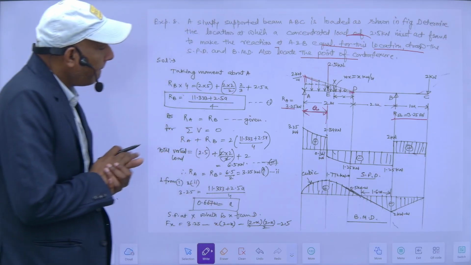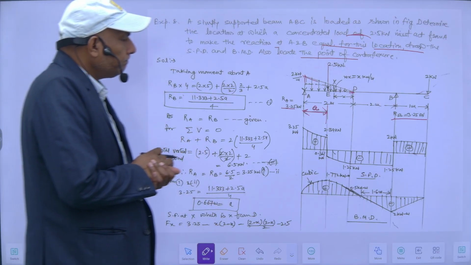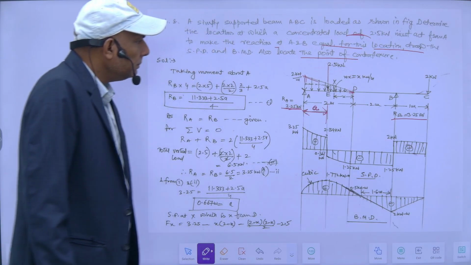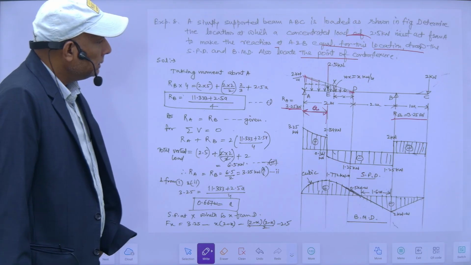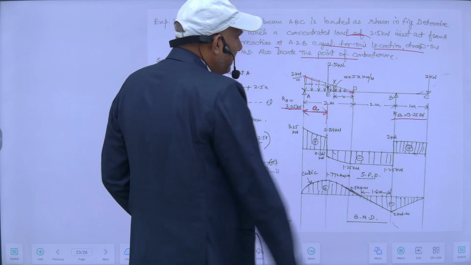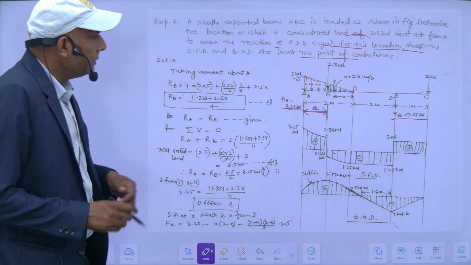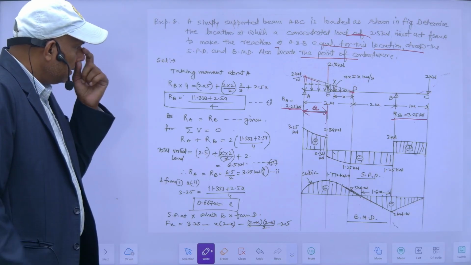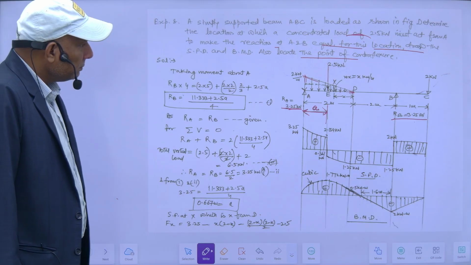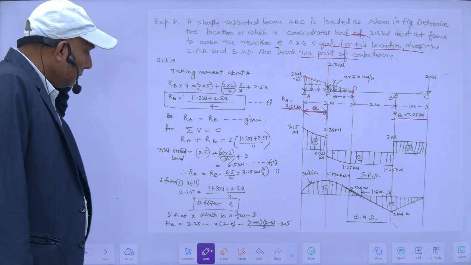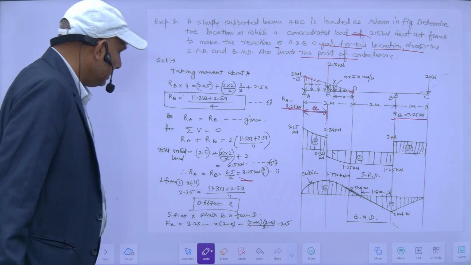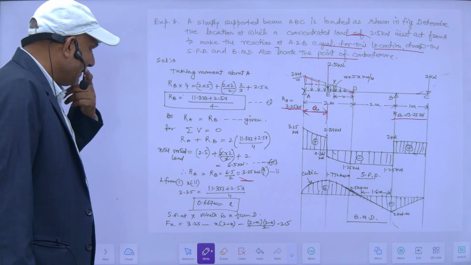So this is 3.25 kilonewton, and this distance is A. This is also equal to 3.25 kilonewton. So these are the reactions.